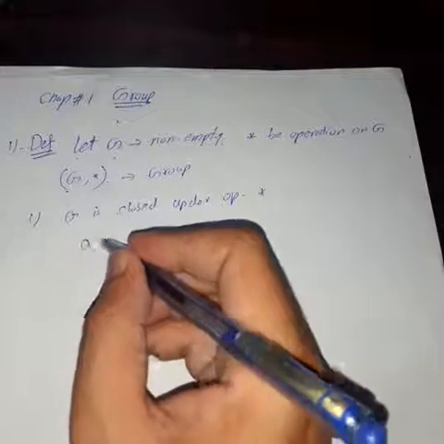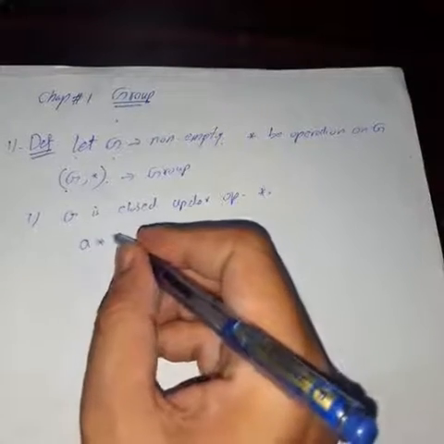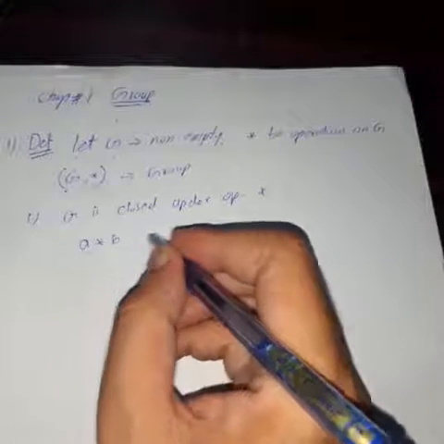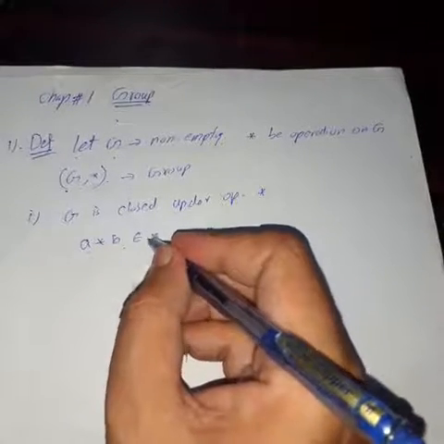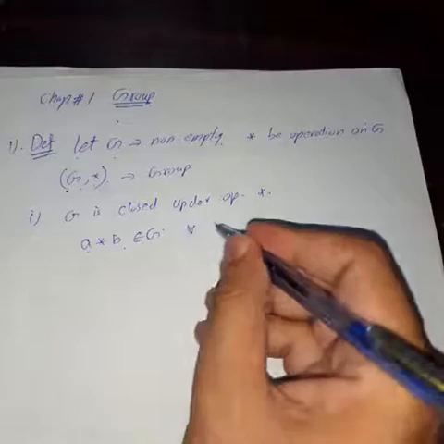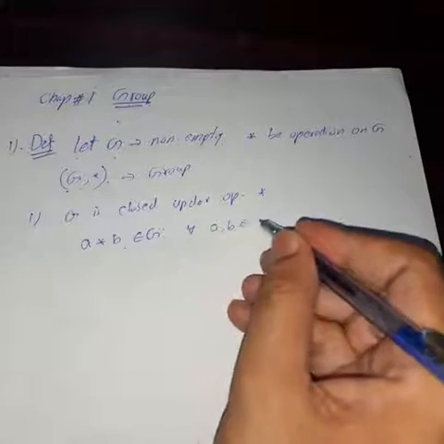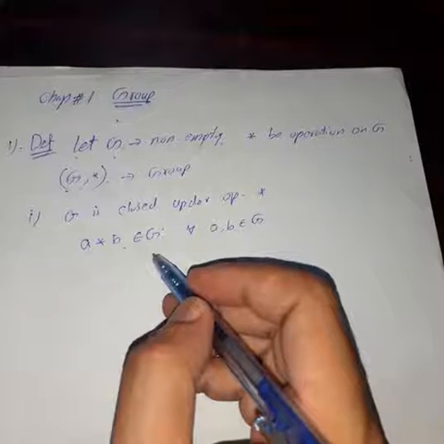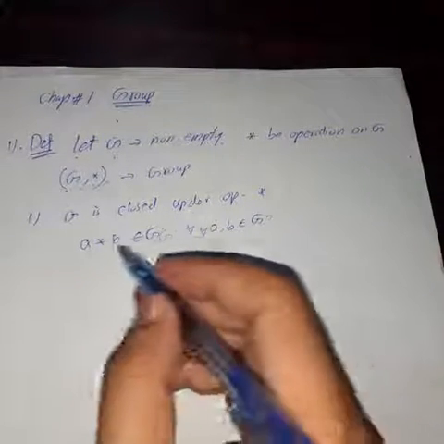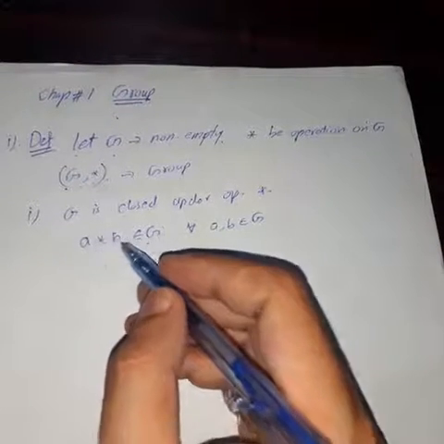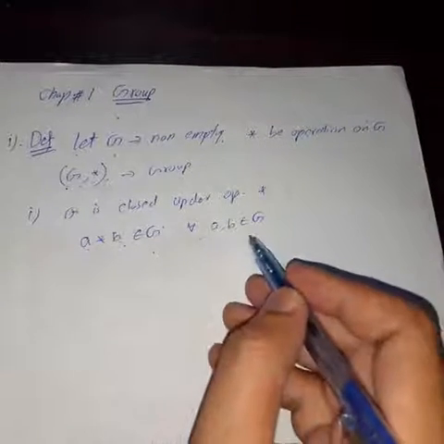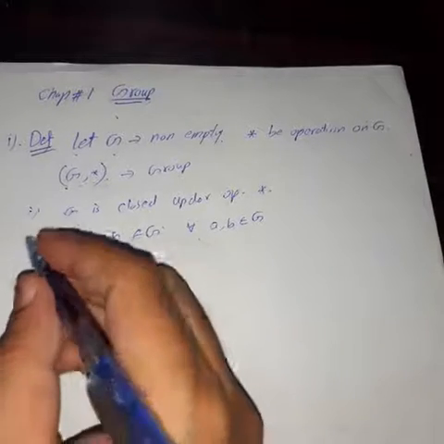That is, if a and b are any two elements of G, then a * b should also be an element of G for all a, b belong to G. It means if we take any two elements from G and apply the binary operation * on those elements, the answer should be in that set. This is the first condition.